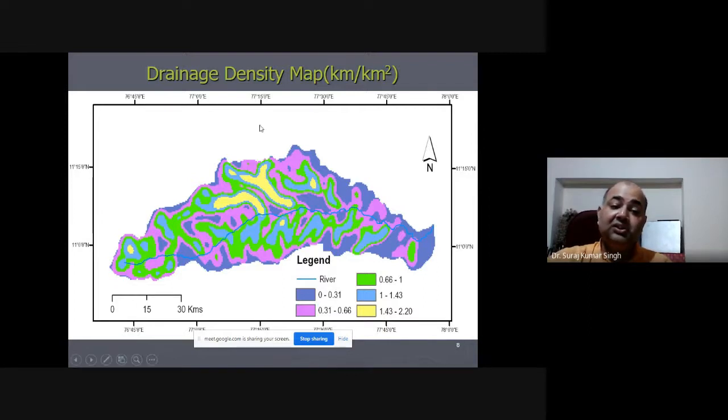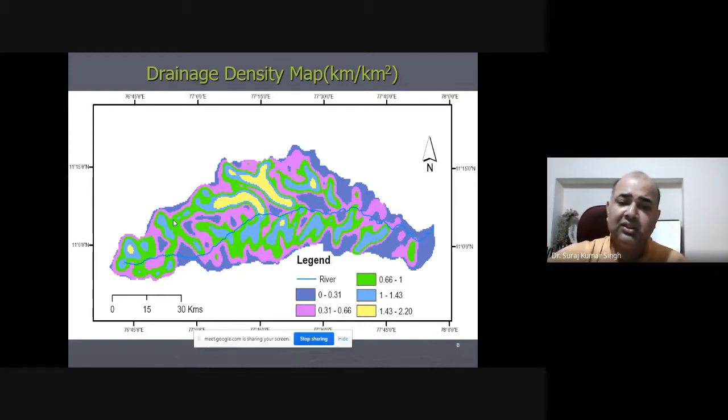If you have been given a task to manage the water resources in any area, first you should know where the recharge is high, where it is low, and which areas are under tremendous pressure.